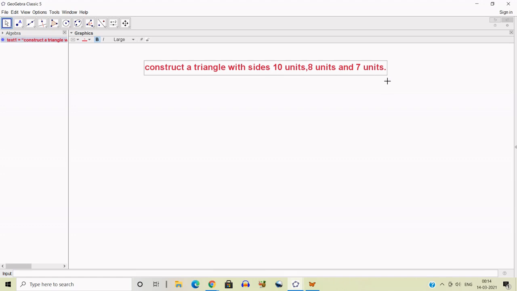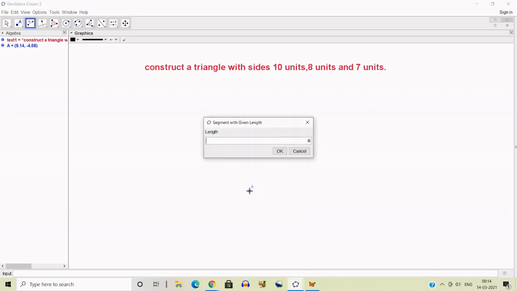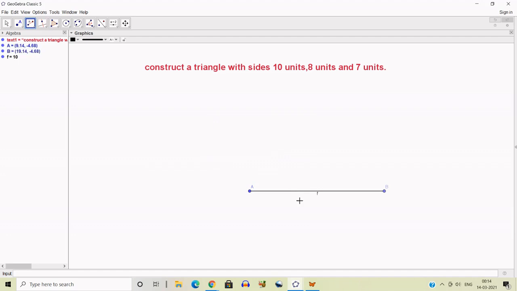Now in this problem we have to construct a triangle which has 3 sides given. Now, first of all, we will draw a line segment with the given length, that is 10 units. So, we get a line segment of 10 units.